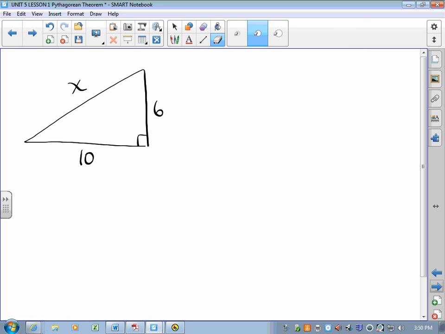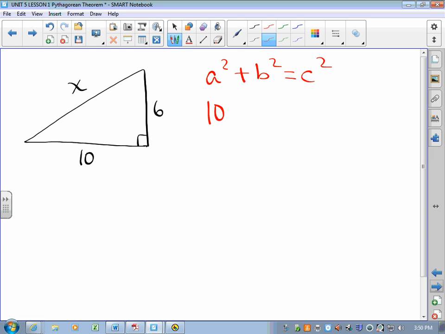Pythagorean theorem applies. And since Pythagorean theorem applies, I know a squared plus b squared is c squared. A and b are either leg in either order. So I can say 10 squared plus 6 squared equals, this is the hypotenuse squared. And then it's just up to me to crank that out.